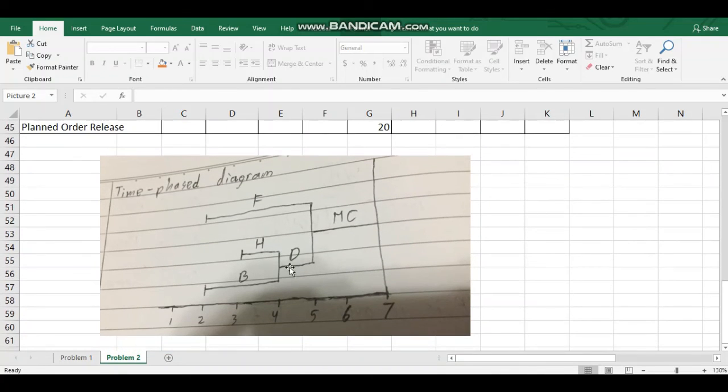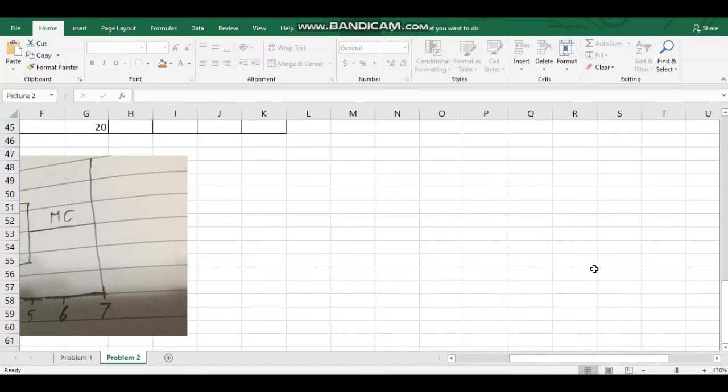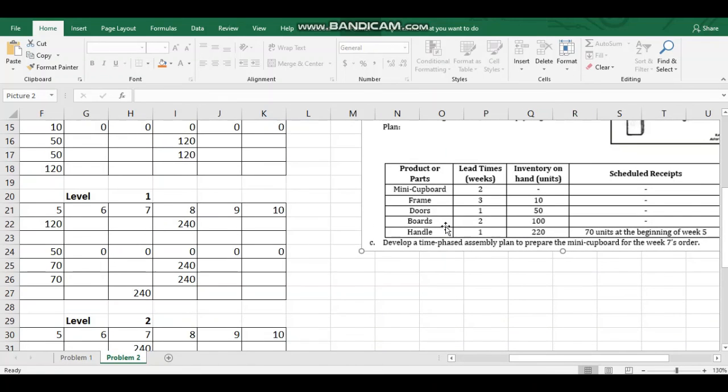Okay, for doors here. And then in week 4, the doors will have 2 branches, which are handle and also boards, since doors is a parent for handle and boards. And we have to see that boards has 2 weeks as its lead time, and handle has 1 week as its lead time.